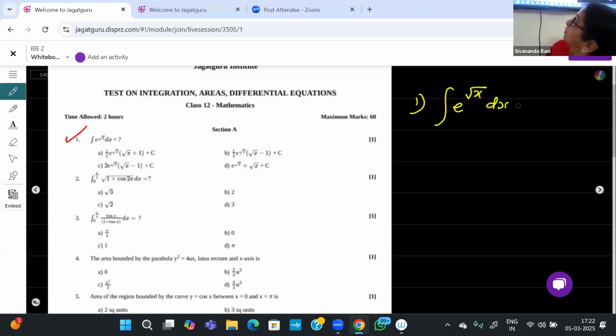You're able to see? Okay. All right. Which option?